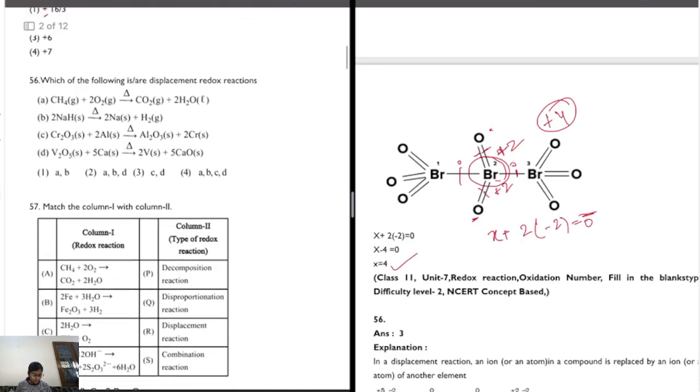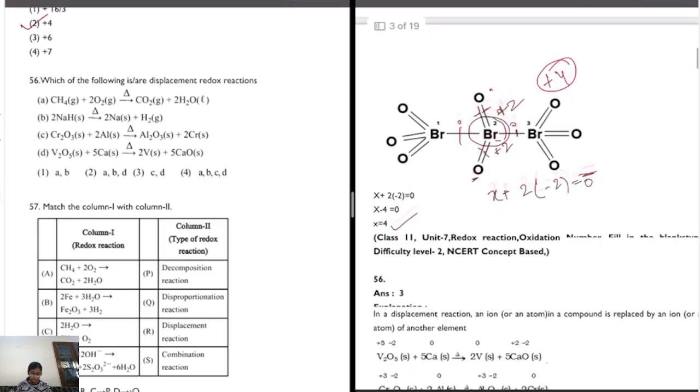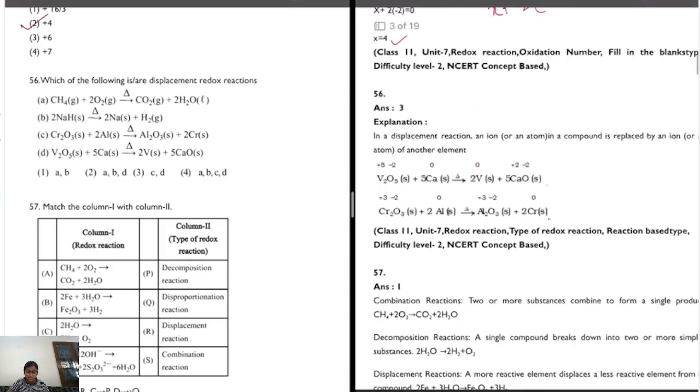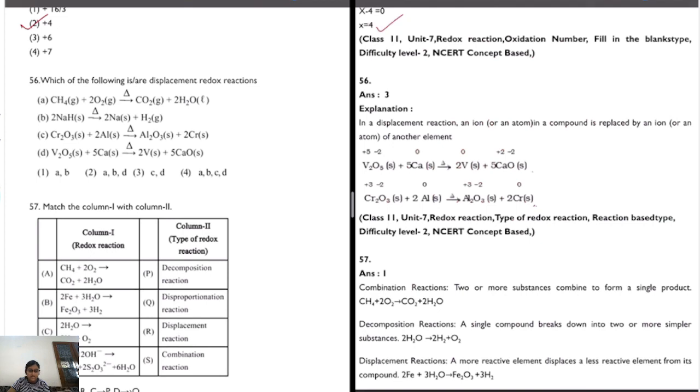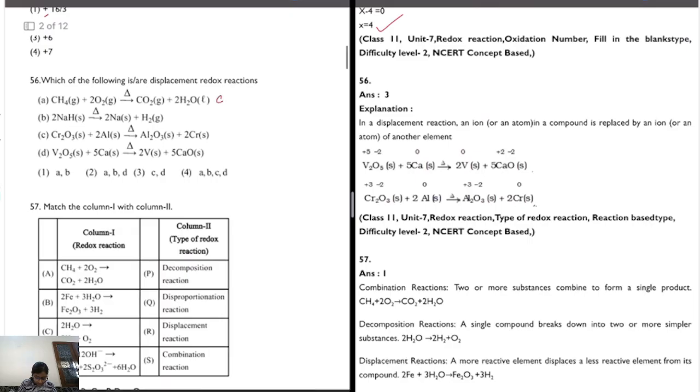In the next question, which of the following is a displacement redox reaction? So what happens in a displacement reaction? One atom is displaced by the other atom in the reactant. So we see in option A, this is an example of combustion reaction. And in this, decomposition of NH is taking place.